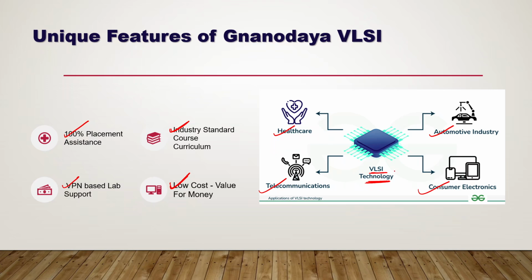Because during corona, what happened? We needed to bring ICs from China, and China stopped the import of these ICs. Due to this, manufacturing of automobiles, healthcare and telecommunication equipment lagged.